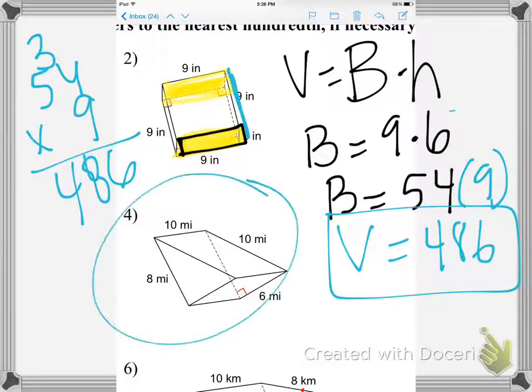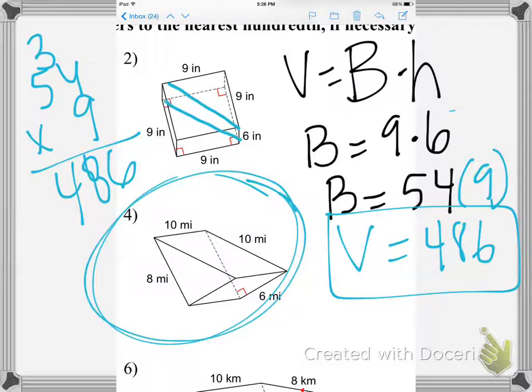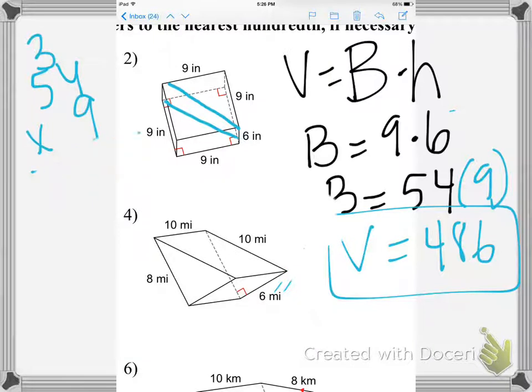Okay, for volume of a triangular prism, it's the same thing. You're going to multiply the 3 dimensions, but since it's only half, think of it like here's a rectangular prism. You're kind of just cutting it in half, and you're getting something like this one. So this is just multiplying the 3 dimensions, and then you divide by 2 because it's only half of a rectangular prism.